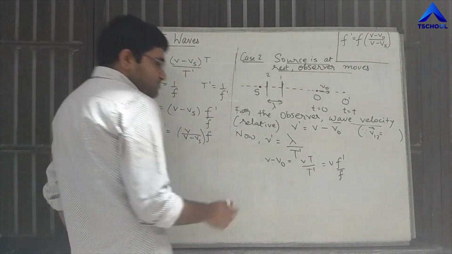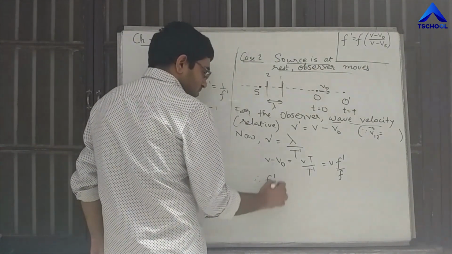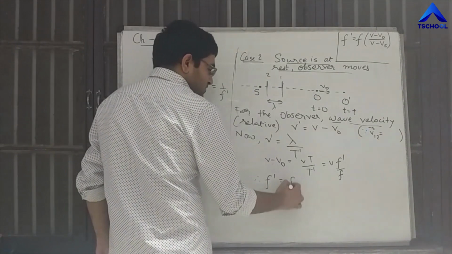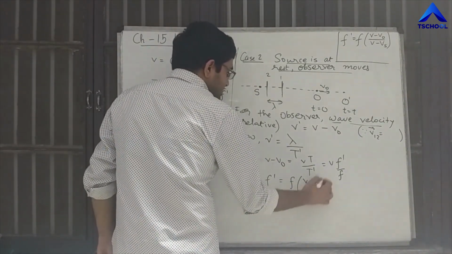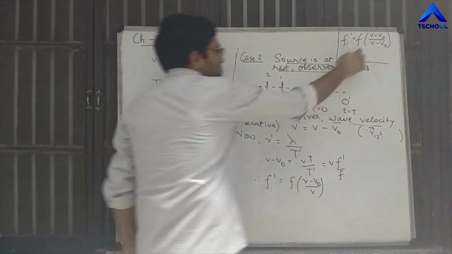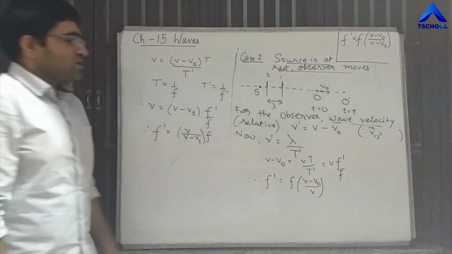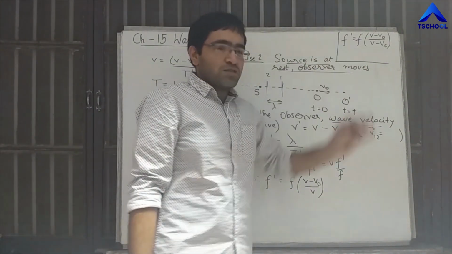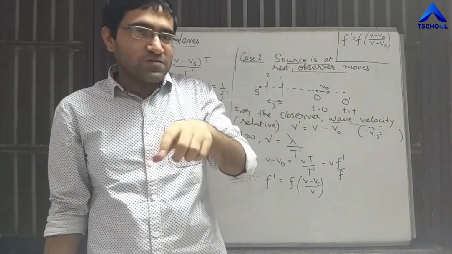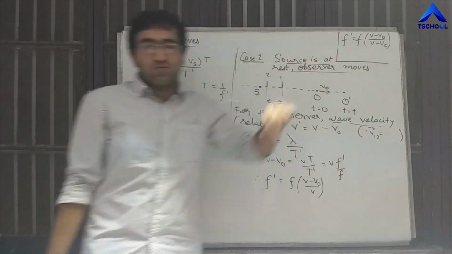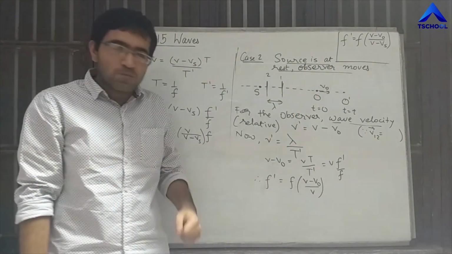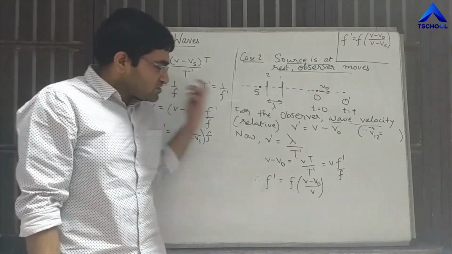So finally we have f dash is equal to f into v minus vo upon v. You can see once again that we are getting the numerator but not the denominator as such, because we have assumed that the source remains at rest, which you would easily verify if you put vs equal to 0. So that's it for the derivation.